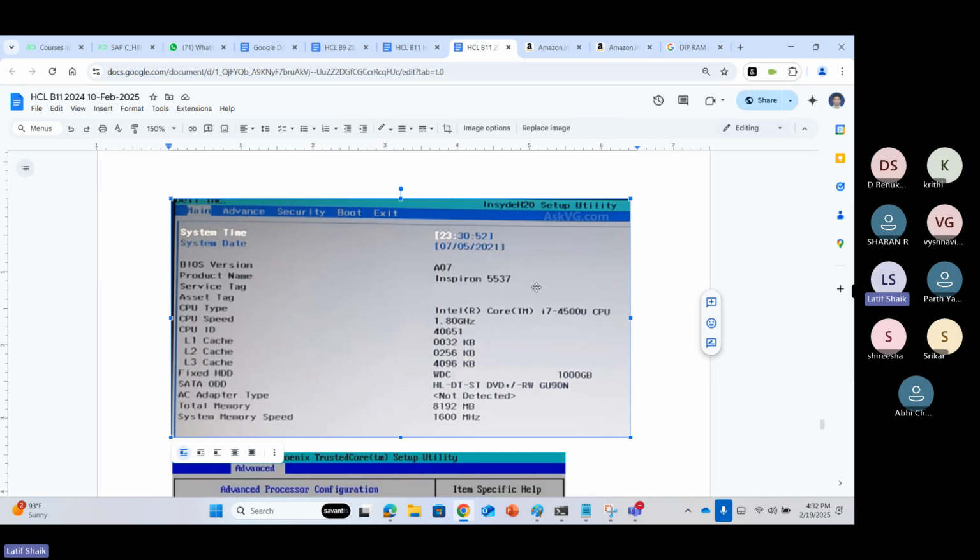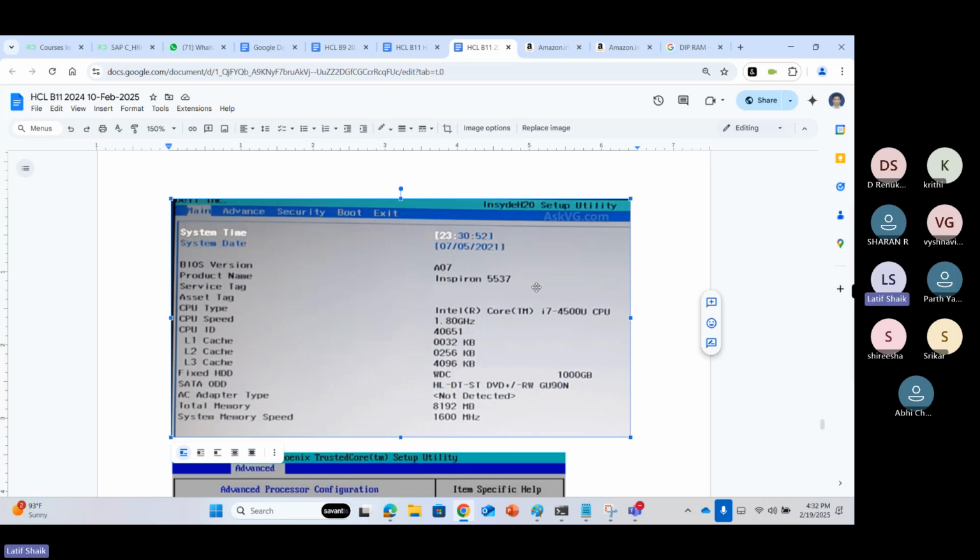And the CD-ROM is a SATA CD-ROM. It's not a CD-ROM, it is a DVD writer itself. RAM is total memory. Total memory means RAM. 8192 means 8 GB RAM, 1600 megahertz speed.